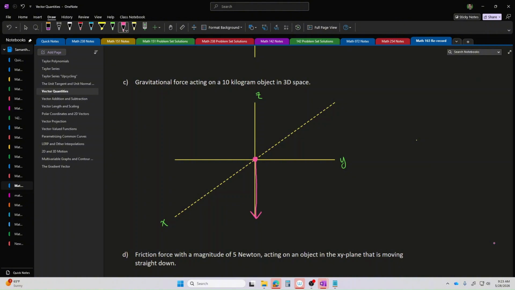Now I just need to figure out how long is this vector? What is the length of this vector? In other words, what is the magnitude or what is the intensity of this gravitational force?